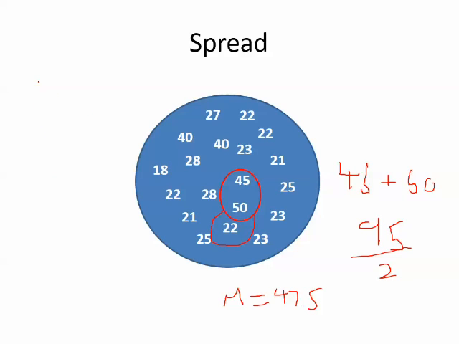For this sample of size 3, if we added them all up, we get a total of 117. So if we added 45 plus 50 plus 22 and divide that by 3, we'd get 39. That would be our mean of that sample.